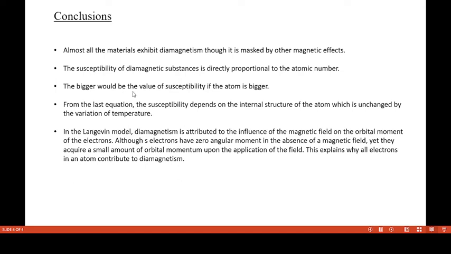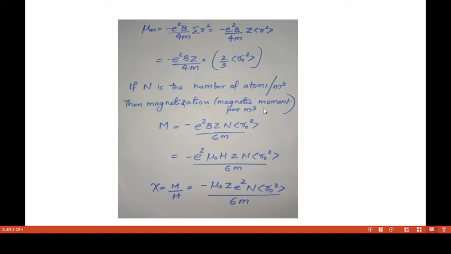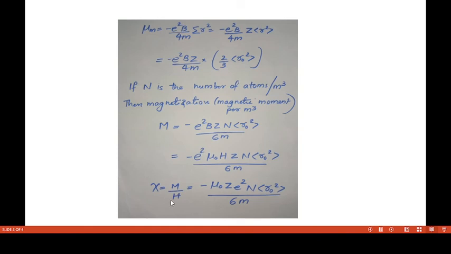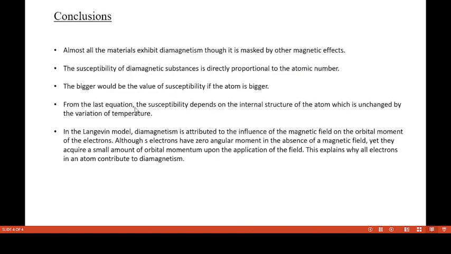The bigger would be the value of susceptibility if the atom is bigger. If the atom is bigger, the susceptibility will be bigger as well. Which, if atom is bigger, means its atomic number is higher. Atomic number higher means the susceptibility will be large.